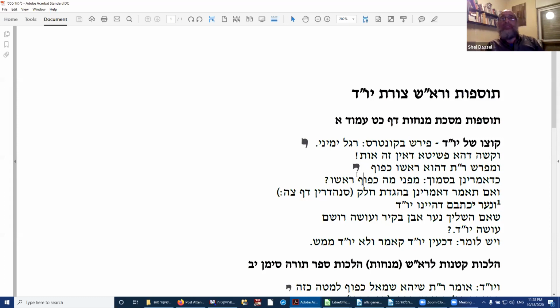I would still know it's a Yud, but the Gemara would be coming to tell me that if I took away this element here on the bottom left, it would no longer be a kosher Yud. So this is introducing a very new idea that you can have a situation where you can recognize the letter that is supposed to be there.